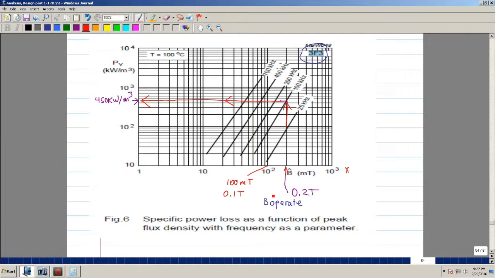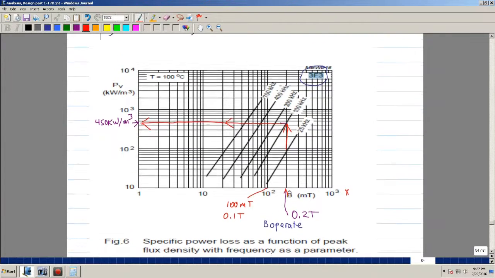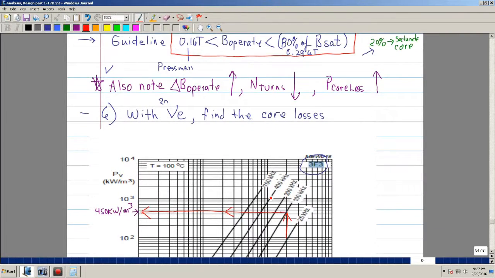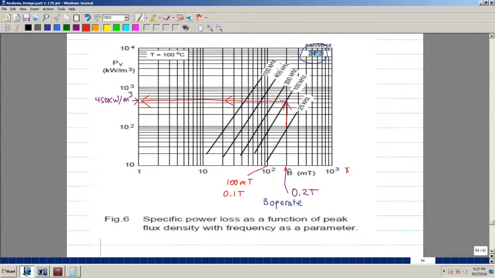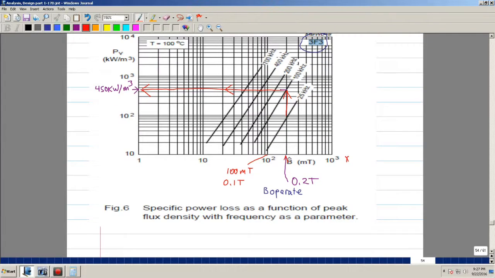Tesla. And I believe in the example that I used in the last, I used something close to 0.2. Or let's just assume that I'm going to use a delta B operate of 0.2 Tesla.